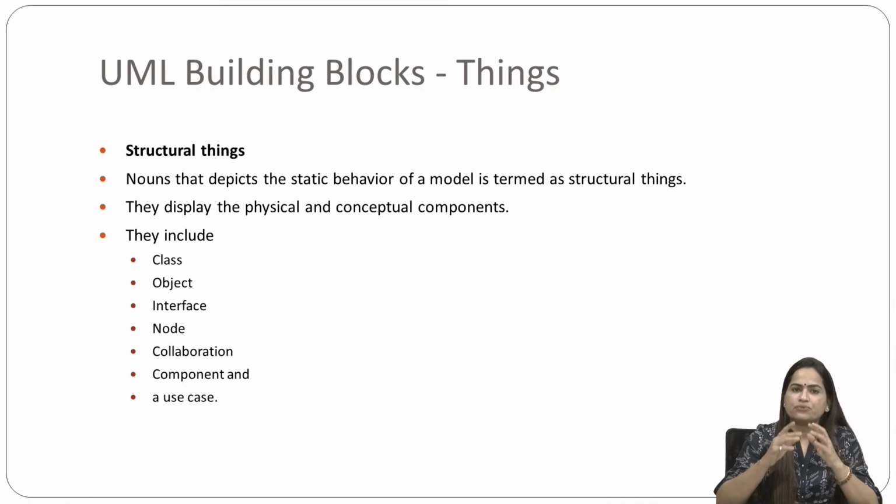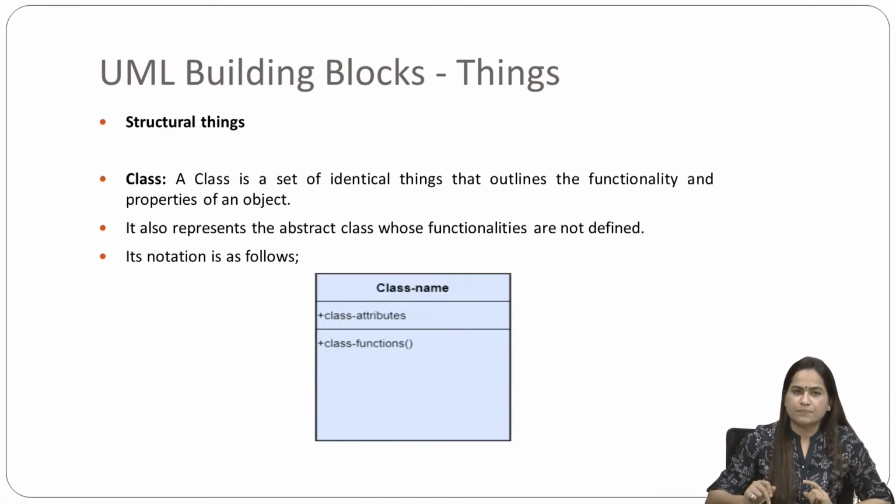They display the physical and conceptual components. The physical and conceptual components of your system are represented with structural things. In this, we have class, object, interface, node, collaboration, component, and use case. All these are structural things.